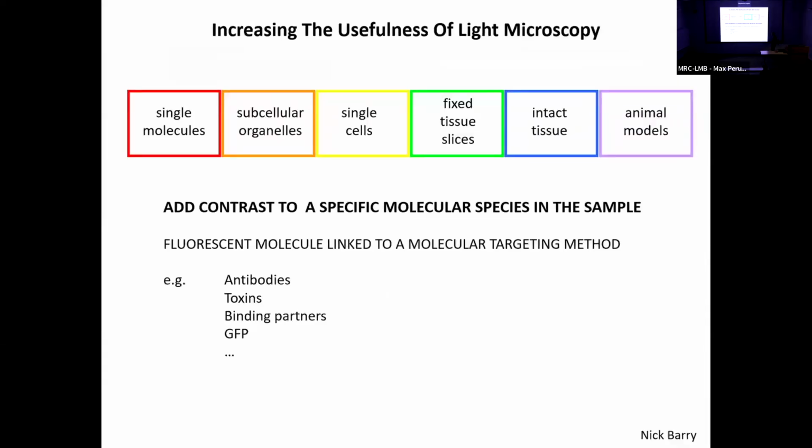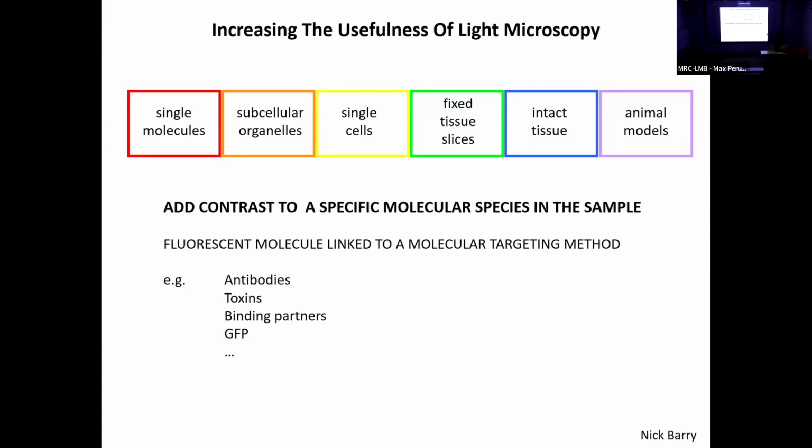So we can basically target particular proteins, molecules of interest. We can target cellular compartments, all sorts of things. And we know by that targeting what it is in the image. So typically we can use antibodies, some naturally occurring toxins, binding partners, green fluorescent proteins and whatnot to highlight those bits and pieces in the sample.